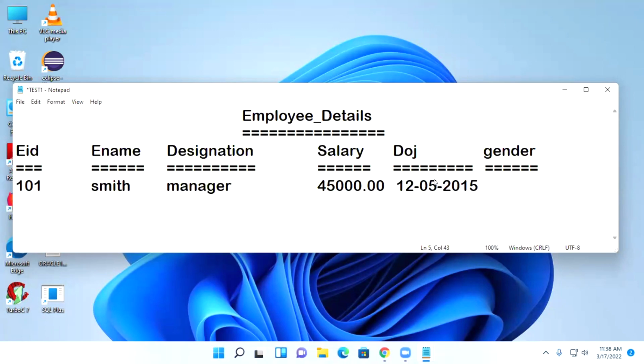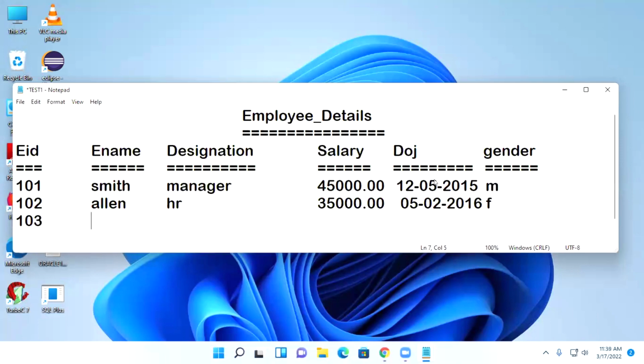And the gender, he was male, so M means male. Now 102, the next employee name is Ellen, she is HR, and her salary was 35,000 rupees, and she joined for example 05-02-2016, and she is female.